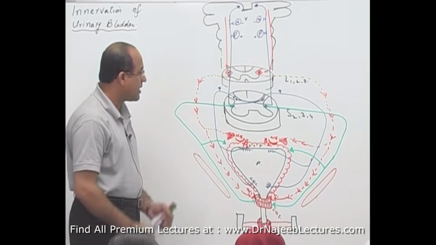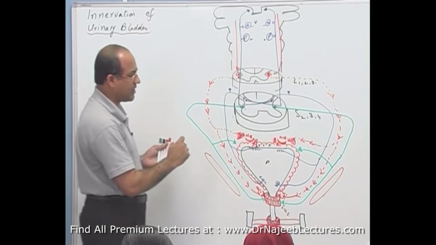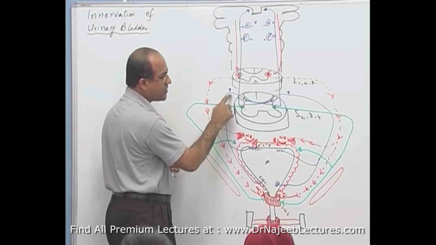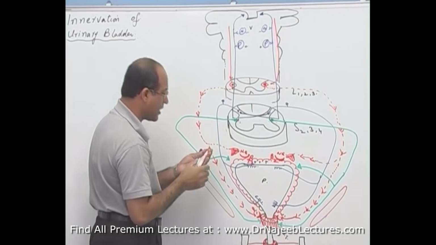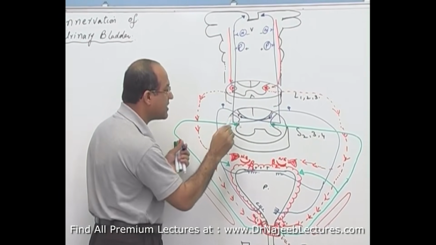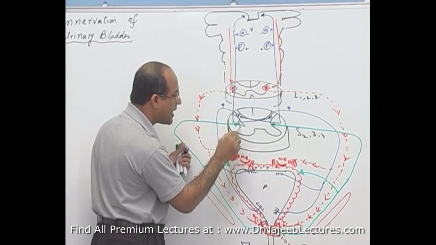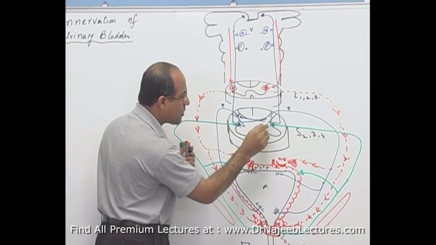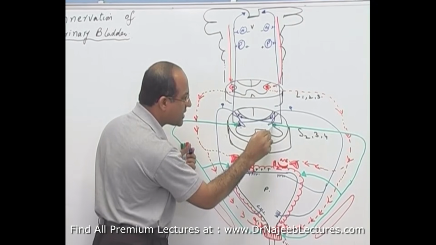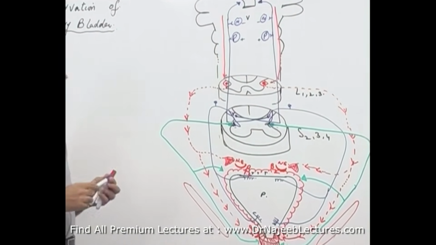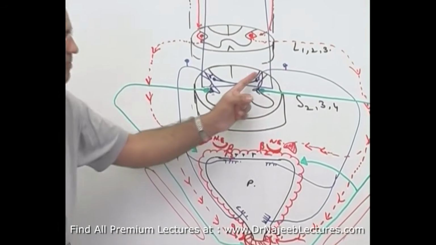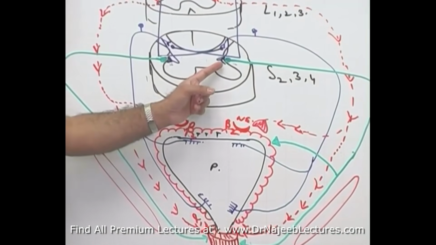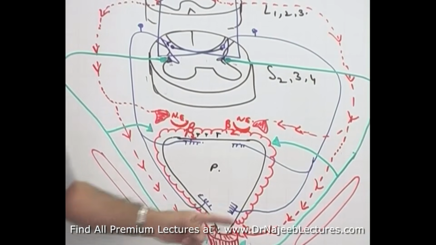Now, what really happens, listen carefully: when sensations enter the spinal cord, they give ascending pathways. But there was one thing I didn't tell you and I must tell: when sensation enters, it also stimulates, what is this? Parasympathetic outflow. So when sensory input goes over there, you try to activate parasympathetic outflow.